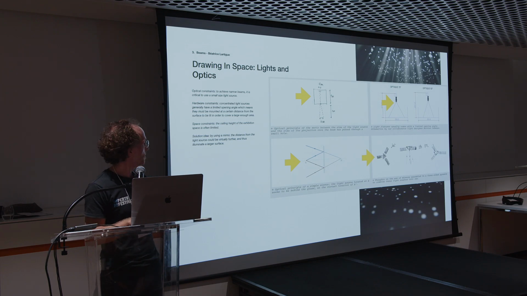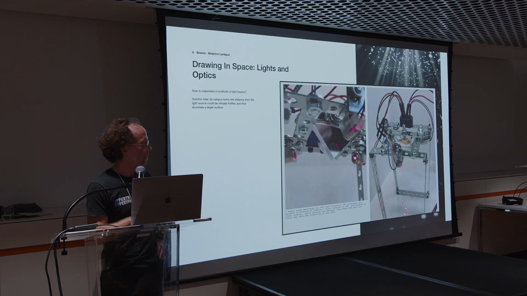Here's a solution which they prototyped by using a mirror, and the distance from the light could be made virtually further and thus illuminate a larger surface. The prototype's made out of a pyramid of mirrors using mini lasers, light sources, and small mirrors.